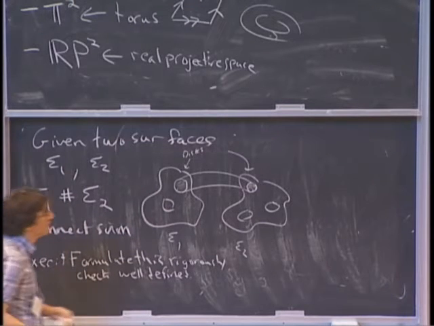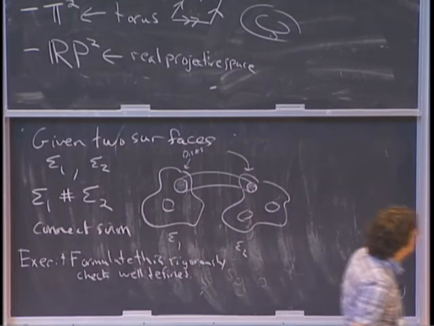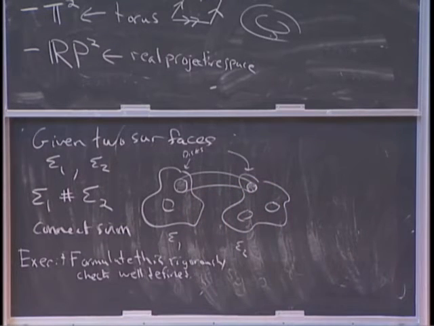So that's this notion of connect sum. We're going to use this now to inductively build up what turns out to be all closed surfaces. We're going to define two classes of surfaces.